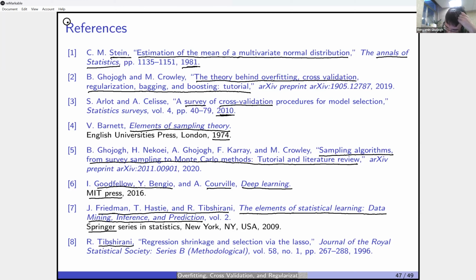This is the paper of Tibshirani, Regression Shrinkage and Selection via the Lasso. This is the paper proposing lasso regularization and lasso regression in the Journal of the Royal Statistical Society in 1996, a very important paper. This paper also discussed the example of the diamond, the unit balls of the L1 norm and L2 norm.